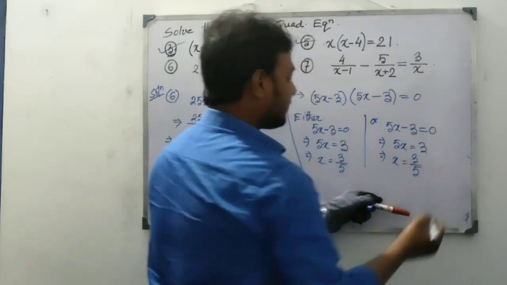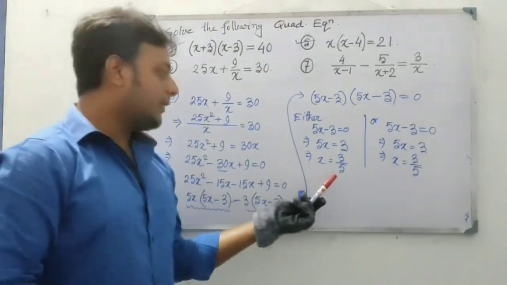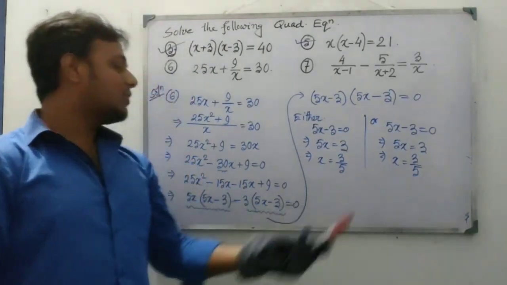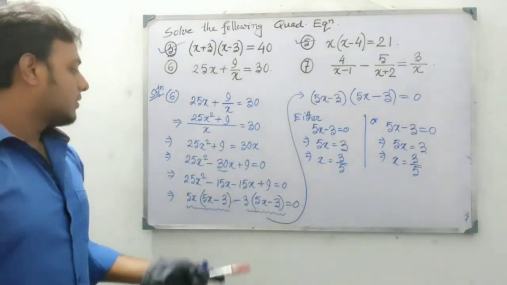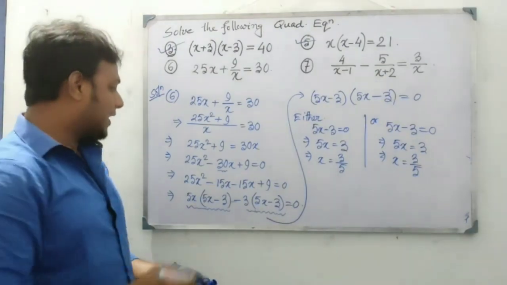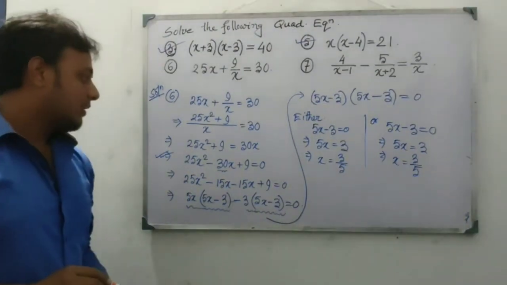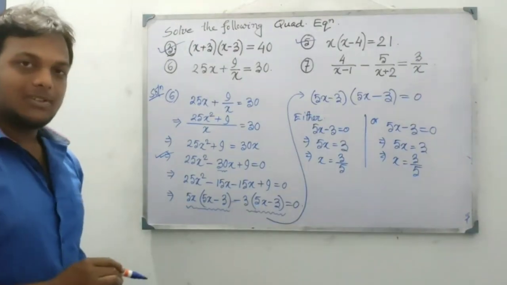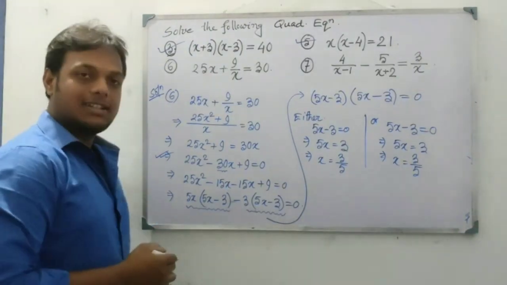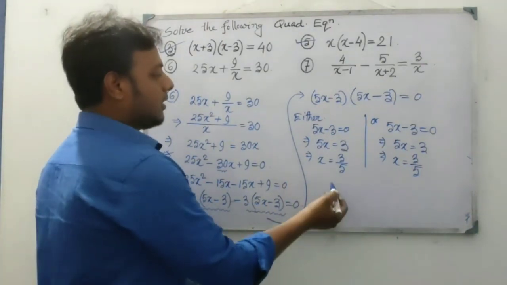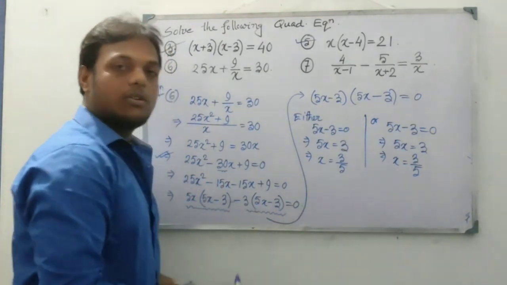See here, we get two values of x and the values are equal. Okay, in this case we get the equal value. So you can express this line into a perfect square. Okay, so I'll discuss it later, so leave it. So this is the solution, this completes the solution. Okay, roots are 3 by 5 and 3 by 5.